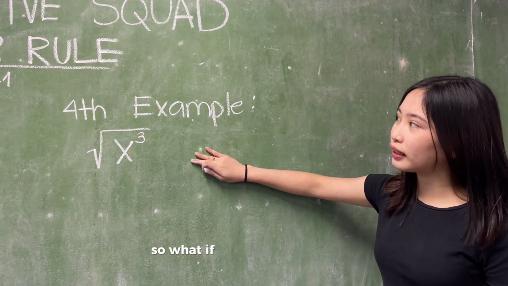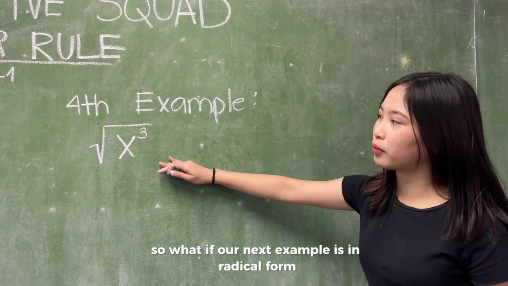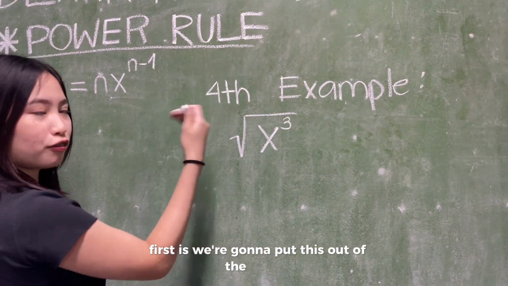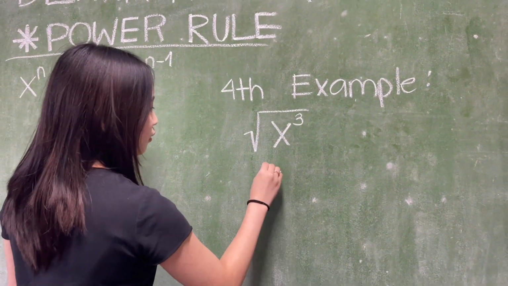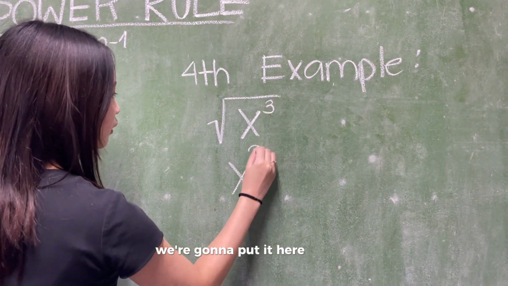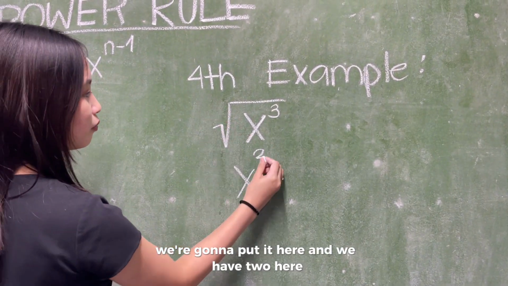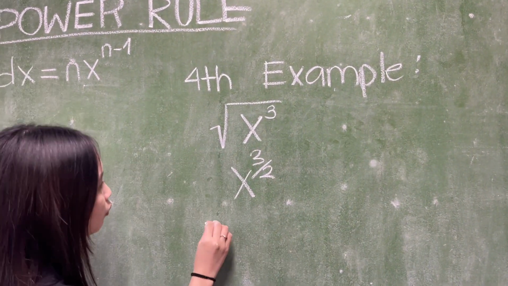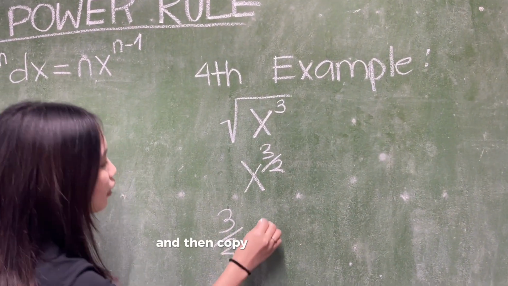So what if our next example is in radical form? First, we put this out of the radical. Since this is the numerator, we put it here, and we have 2 here, which we bring down, and then copy the variable.